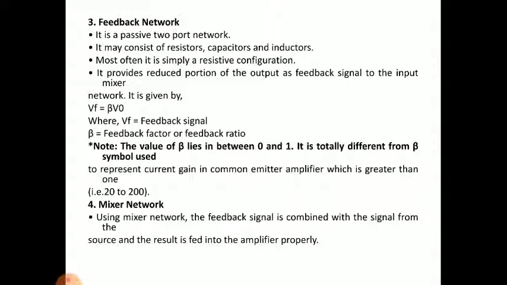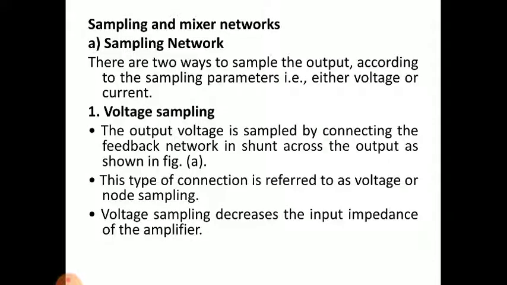The feedback network is a simple 2-port with a simple resistive configuration, and the reduced portion of the output is given to the mixer network with Vf equal to beta V0, where beta is between 0 and 1, not the beta we used in the amplifier. The mixer network mixes the 2 signals either in phase or out of phase and feeds the result back to the input of the amplifier.